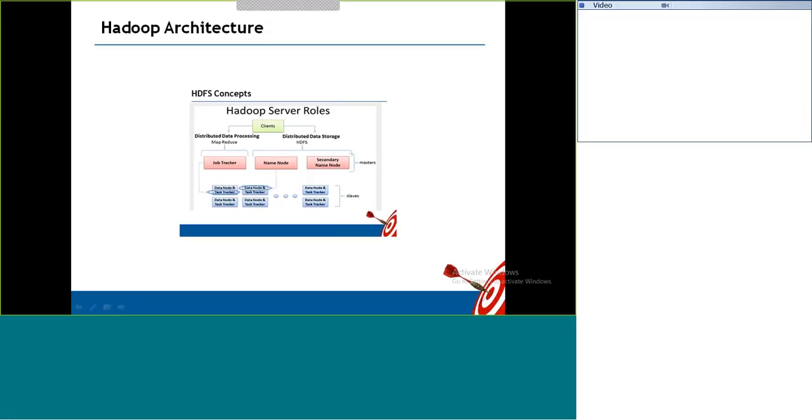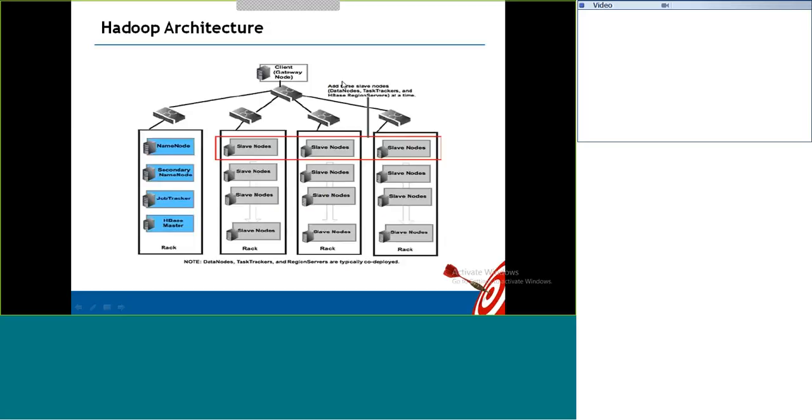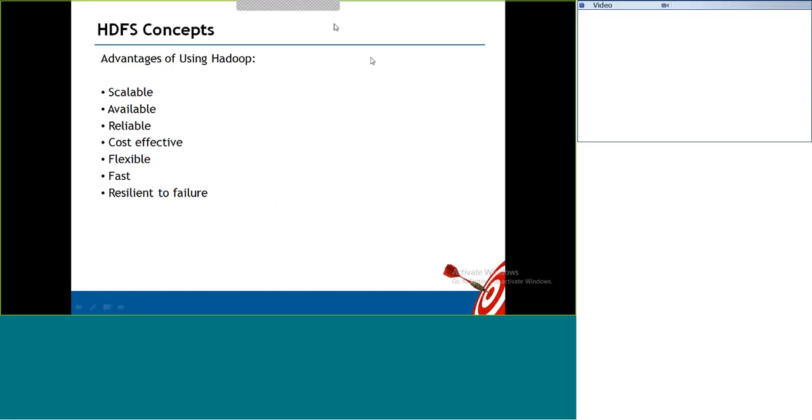In each of these machines, a process related to storing the data in the form of small pieces called blocks, the data node processes, is running in multiple systems, which will take care of storing the files in a distributed way. One master, multiple slaves. This is a typical Hadoop cluster. We are going to talk about it in our next class.